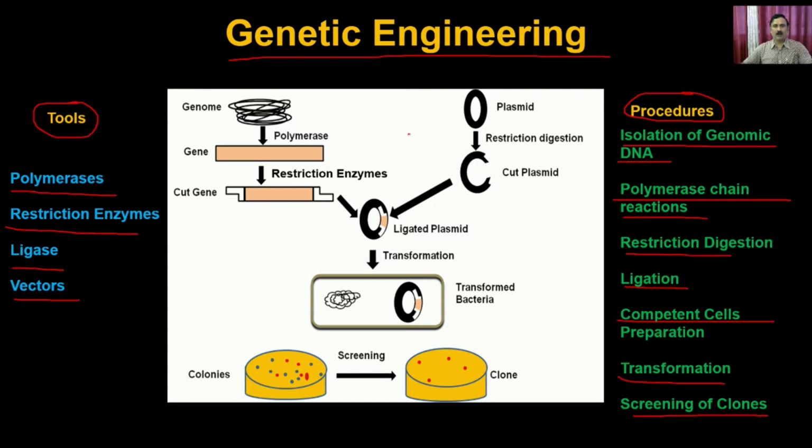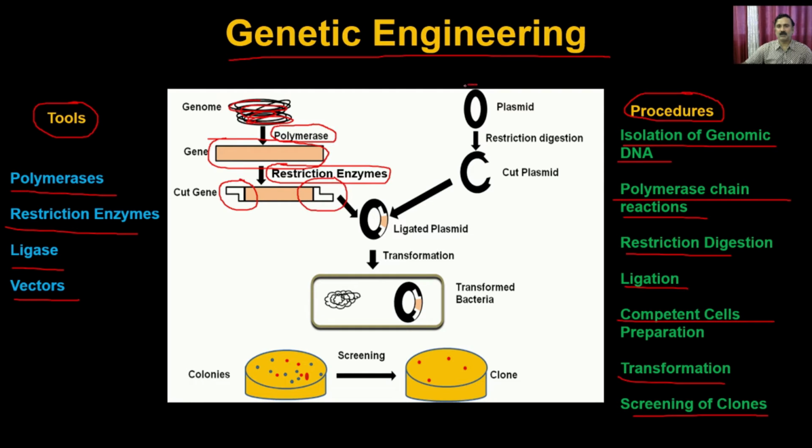What we are saying is that you first isolate the genomic DNA of the particular organism from which you are interested in isolating a particular gene. Then, with the help of the polymerase chain reaction, you get the gene of your interest. Once you have the gene of interest, you do the restriction digestion, and you get the gene with cohesive ends.